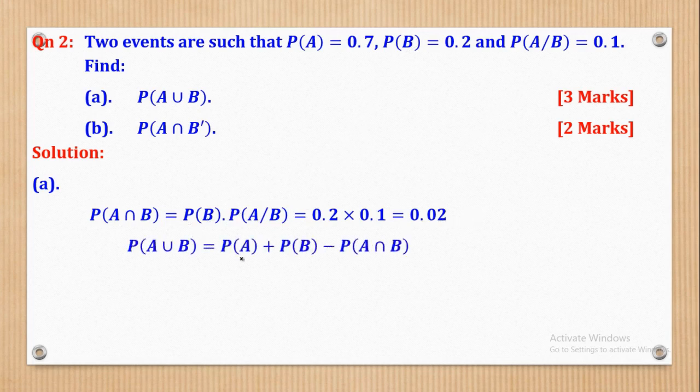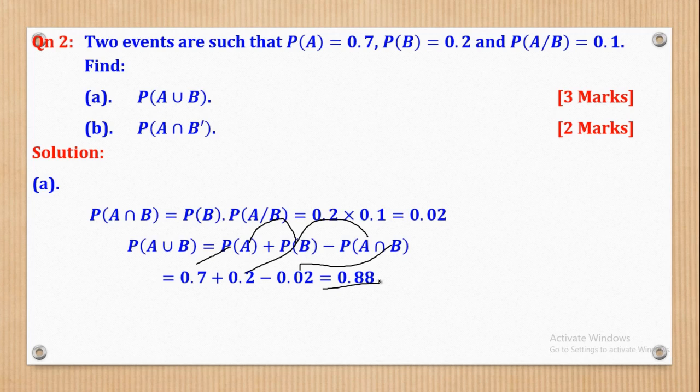Therefore, the probability of A union B is the probability of A plus the probability of B minus the probability of A intersection B. When I substitute, the probability of A is that, the probability of B is that, and the probability of A intersection B is that. So in the end, I'll come up with 0.88.